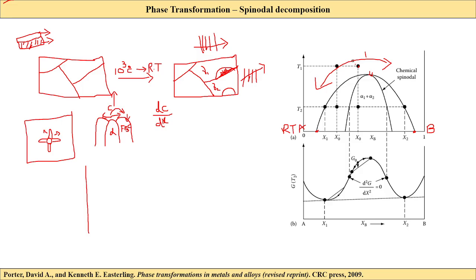So T1 at X naught corresponds to this point, and here it is completely miscible, right? So we see something like an isomorphous diagram, but it is totally miscible. Whatever the proportions you mix, A or B, they will completely mix, right? That is what we see here. That's why we call it a completely miscible solid solution. So A and B are both mixed, right?